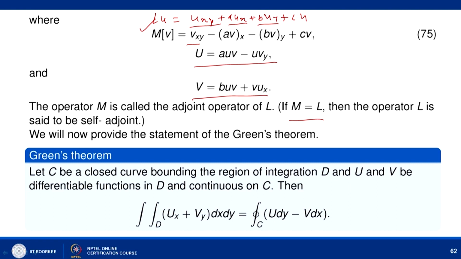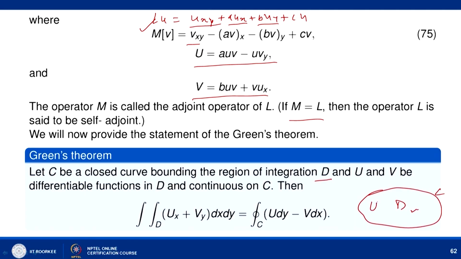Now we recall a very important theorem, which is Green's theorem, and we will see how this Green's theorem is very useful in solving our problem. So what is Green's theorem? Let C be a closed curve bounding the region of integration D, and U and V be differentiable functions in D and continuous on C. So let us say that you have a domain, and C is this curve, and D is the domain enclosed by this curve C, and U and V are differentiable functions inside your domain.